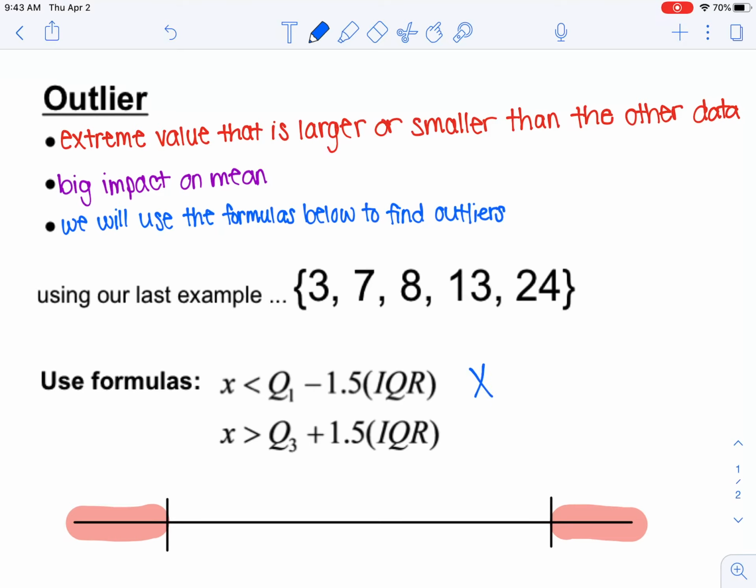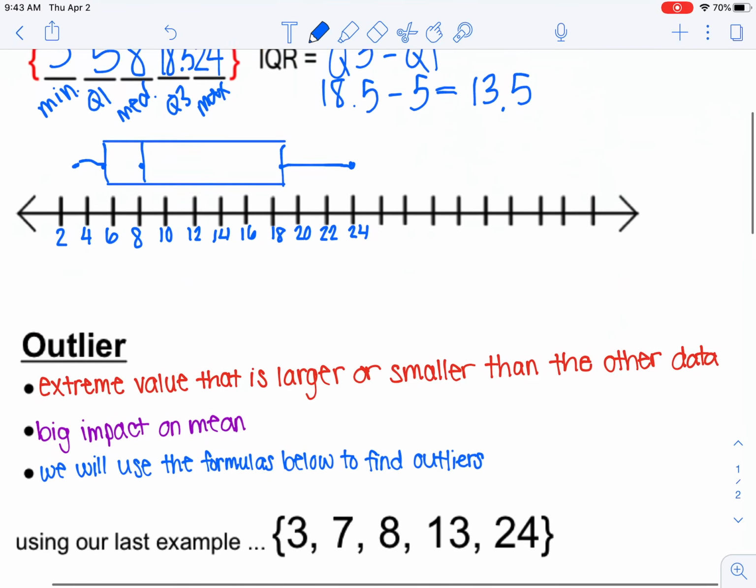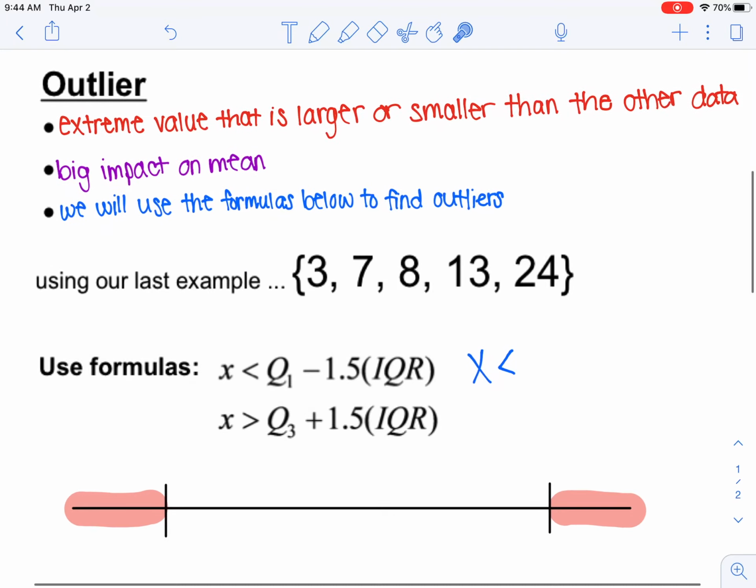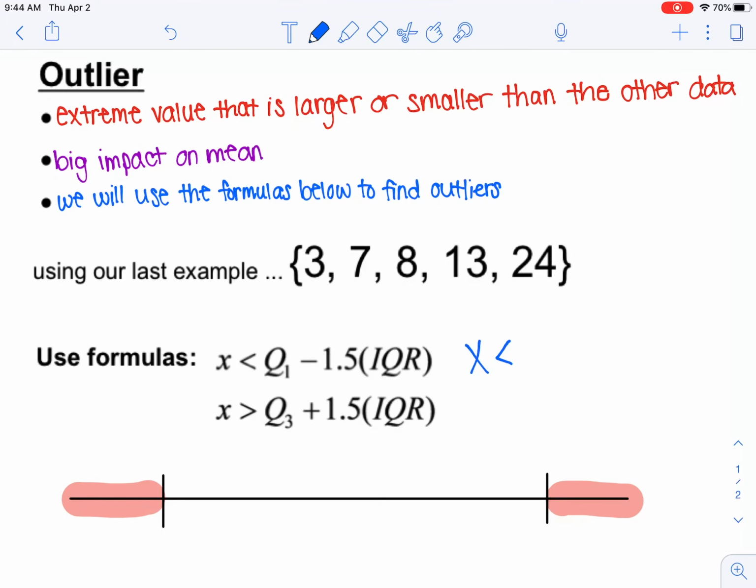So let's start with this first formula. X is less than, our Q1 up above was 5, and our interquartile range was 13.5. So we'll say x is less than 5 minus 1.5 times 13.5.